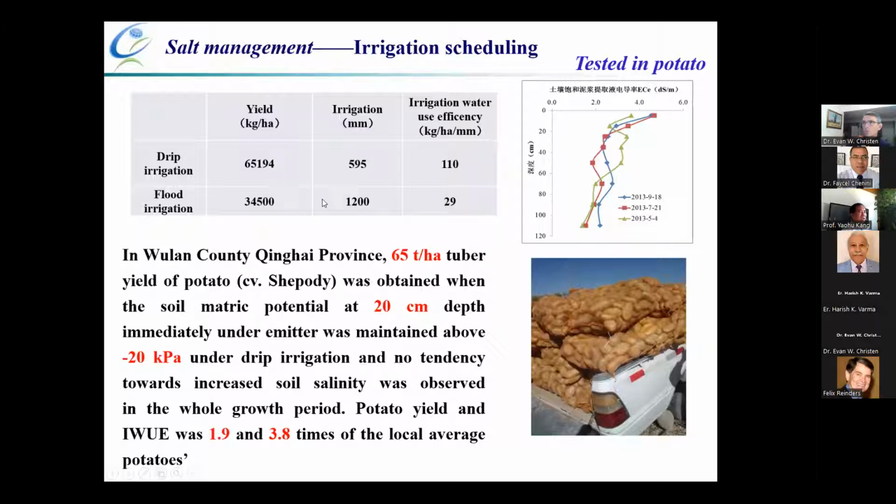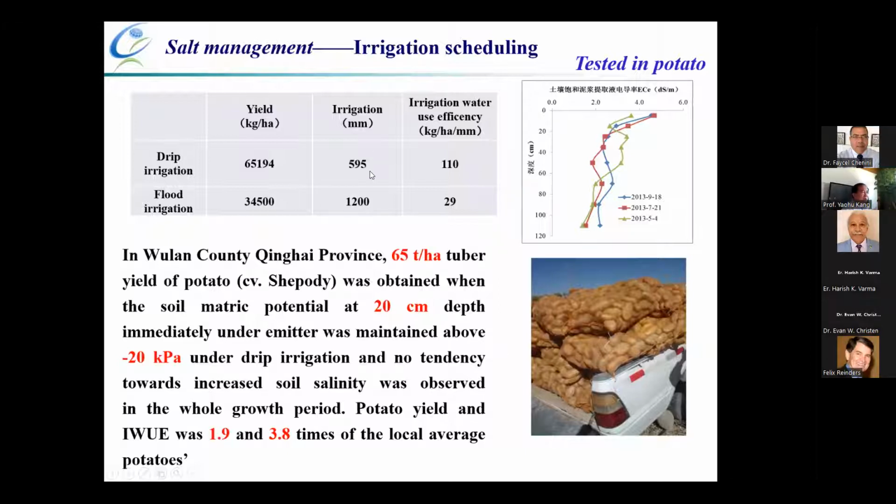The irrigation amount is half of the flood irrigation, and the irrigation water use efficiency is almost 3.5 times that of flood irrigation.